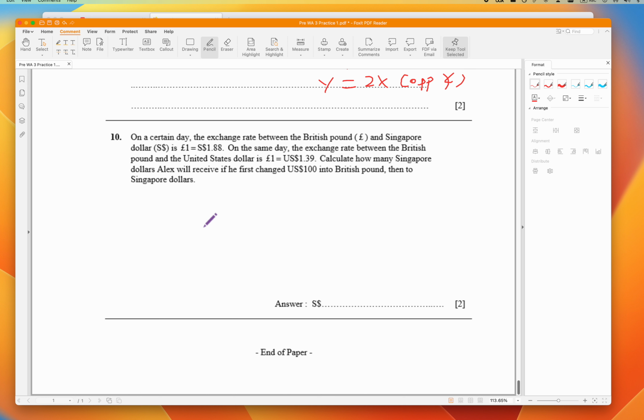British is British pound. So British 71.94 divided by 1.